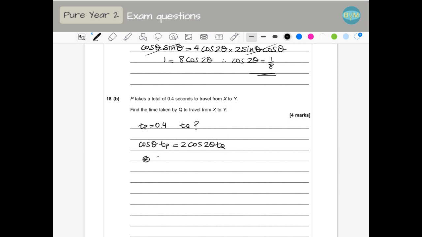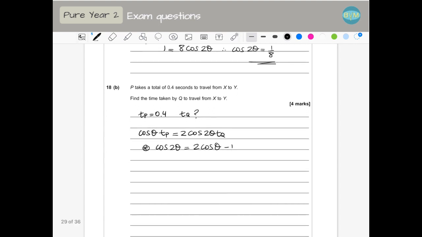So I know cos 2θ is 2 cos² θ minus 1. Cos 2θ is 1/8. So 2 cos² θ is going to be 1/8 plus 1, which is 9/8.